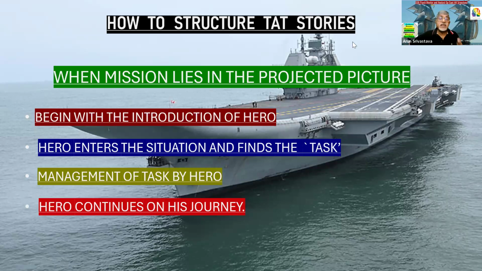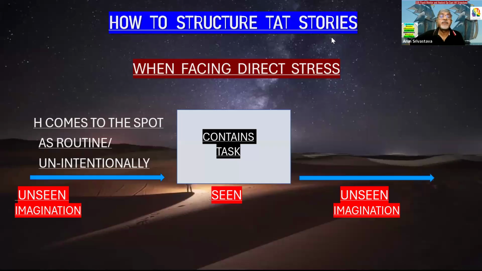Now let's see the same scheme of structuring the stories through this. Here, this rectangle represents the screen. Some picture was projected. This is the scene part of it. This contains the task for the hero.